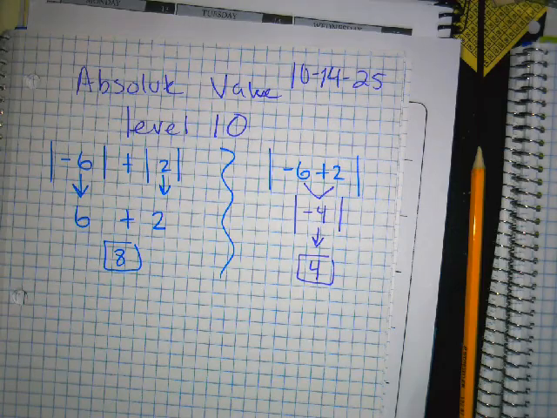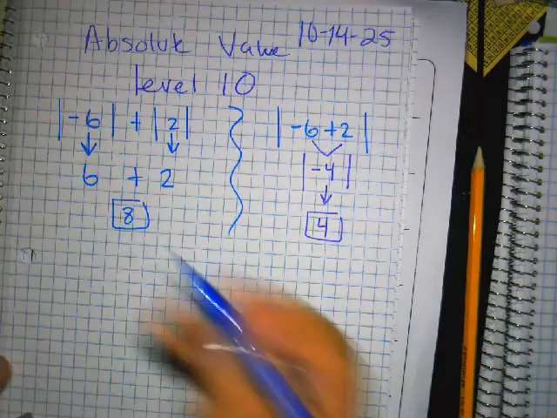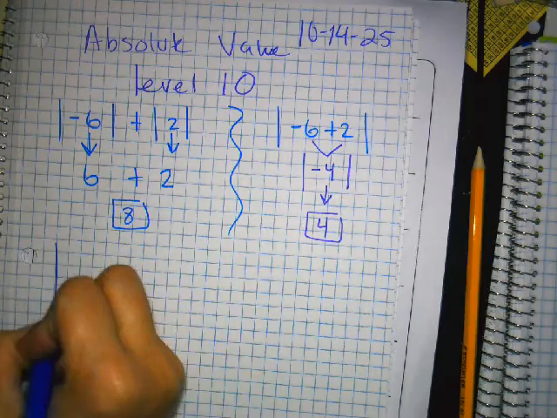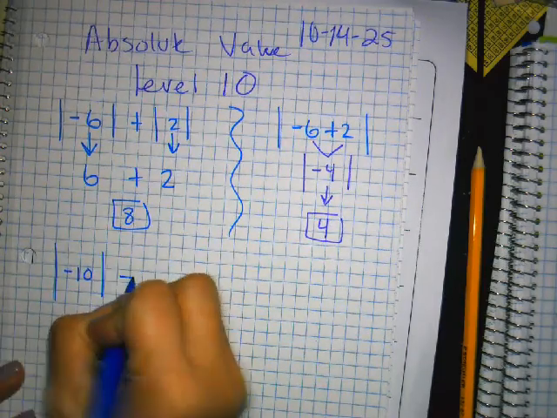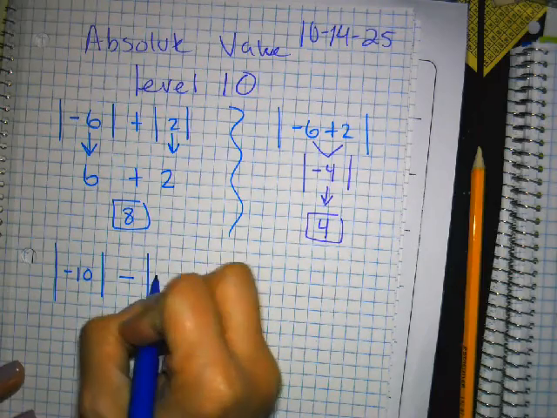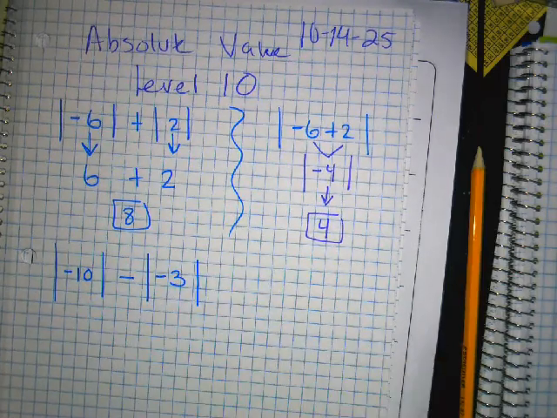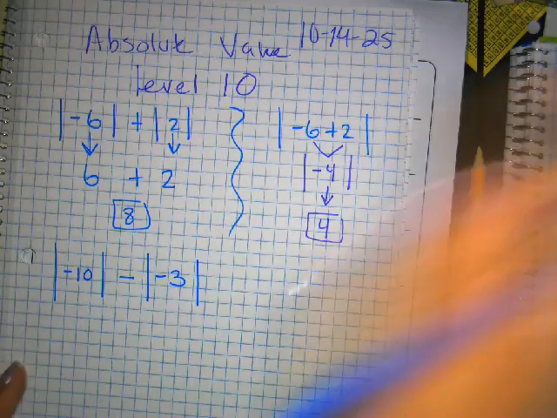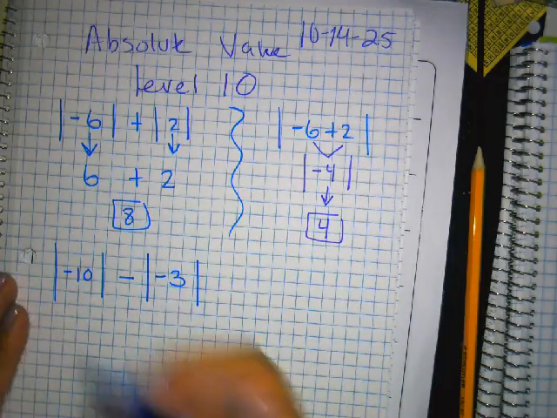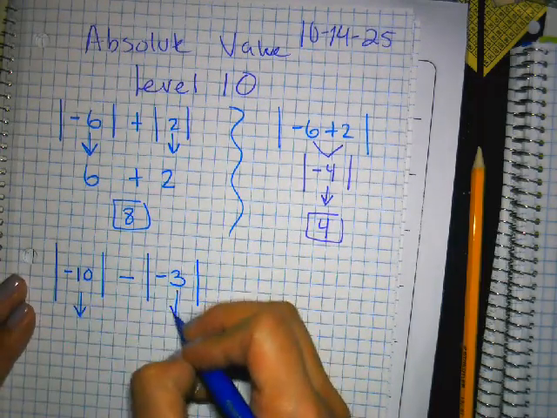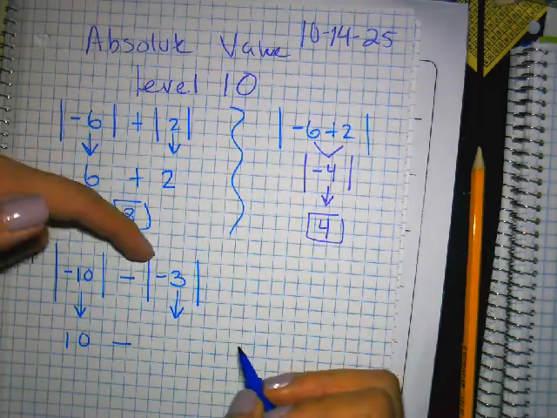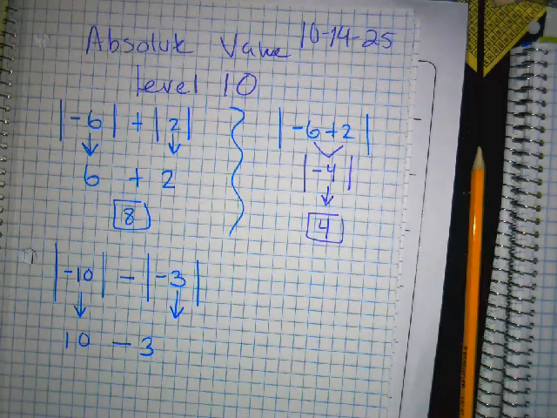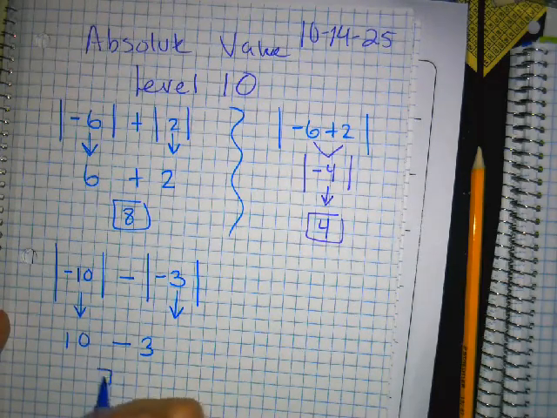Okay? So, for example, absolute value of -10 minus, let's say the absolute value of -3. Okay? So here, because they're individual bars, we drop down the numbers individually. What's the absolute value of -10? 10. Minus, what's the absolute value of -3? 3. 10 minus 3? 7. Okay?